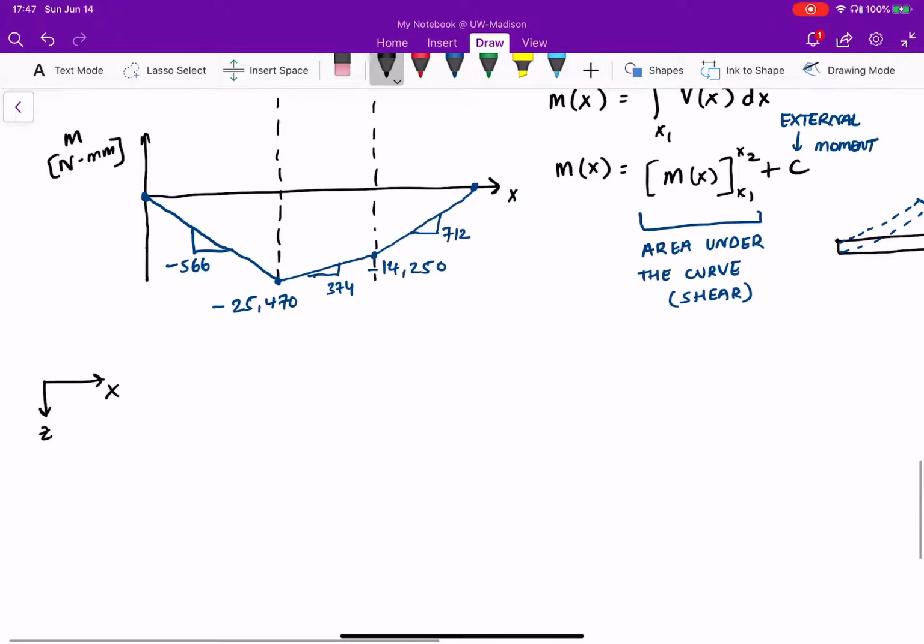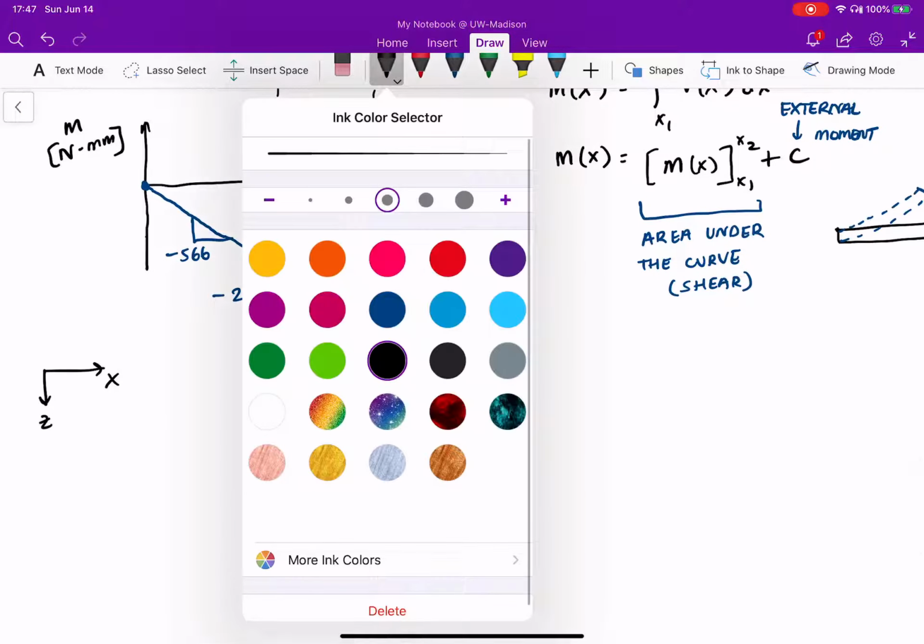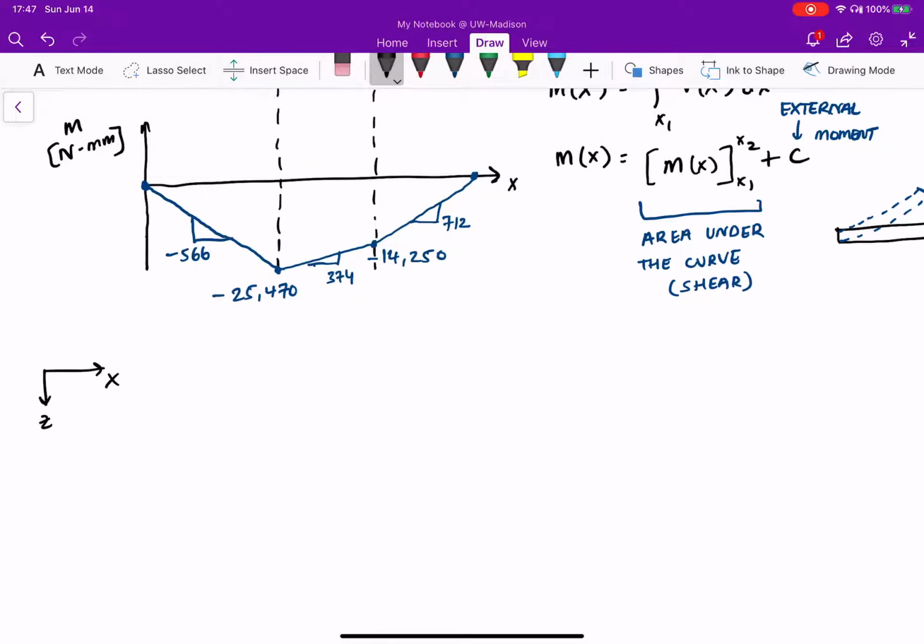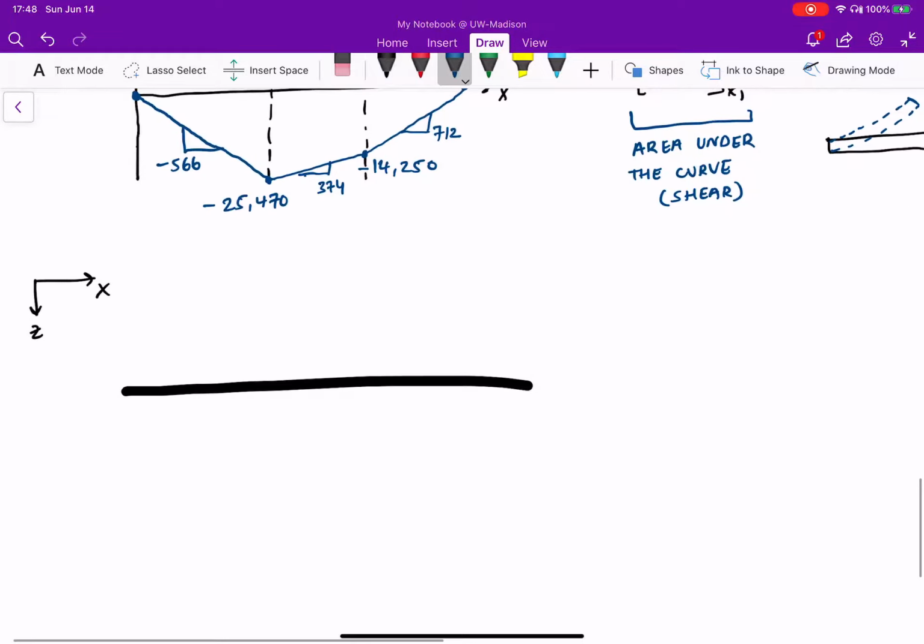All right, so let's look at the free body diagram for the XZ plane. Again, you can draw the reaction forces in any direction you want, as long as you're consistent with the direction of your external forces.